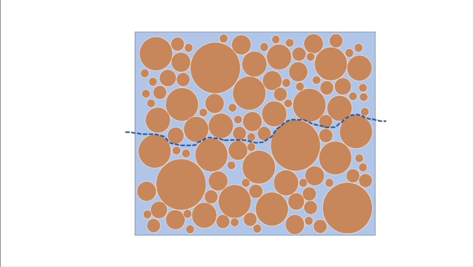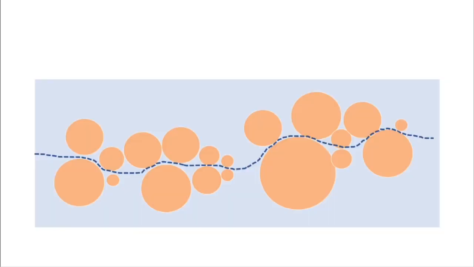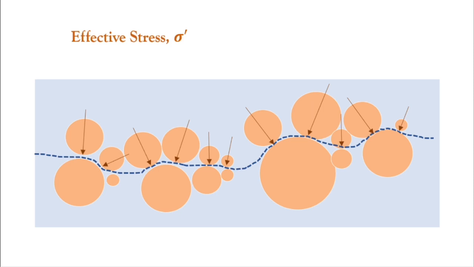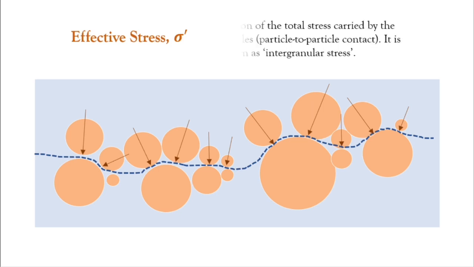As you can see, there are soil solids or soil particles being attracted to one another, and that force of attraction at the points of contact contributes to what we call the effective stress, which we denote as sigma prime. Effective stress is the portion of the total stress carried by the soil particles. It is also known as the intergranular stress.